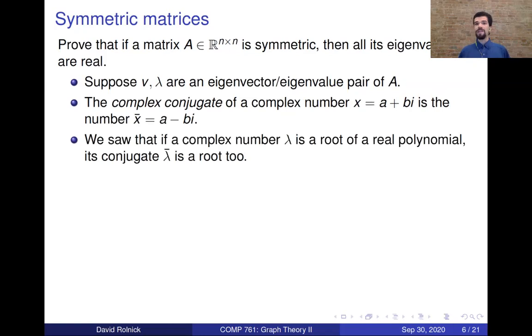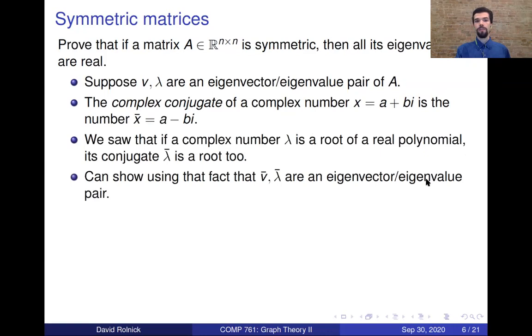So that basically means that if we had an eigenvalue lambda, then we're also going to have the eigenvalue lambda conjugate, lambda bar. We can show using this fact that the corresponding eigenvector to lambda bar is v bar, the conjugate of v. It's pretty easy to show that.